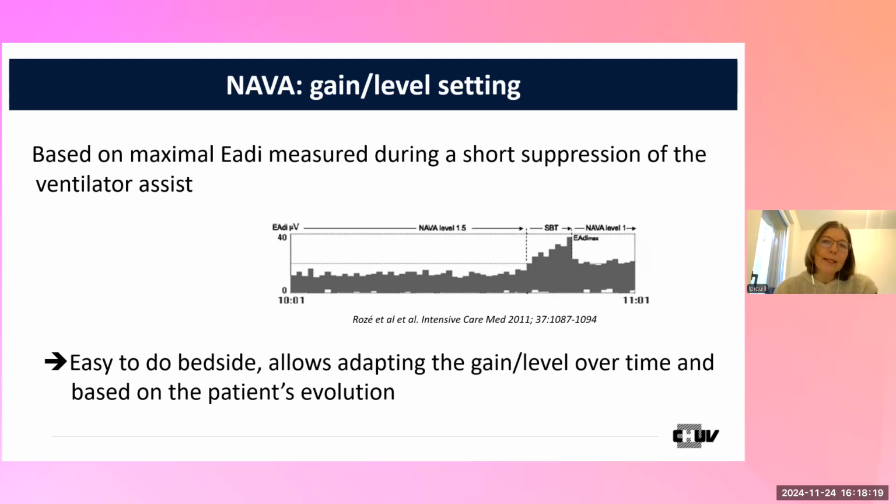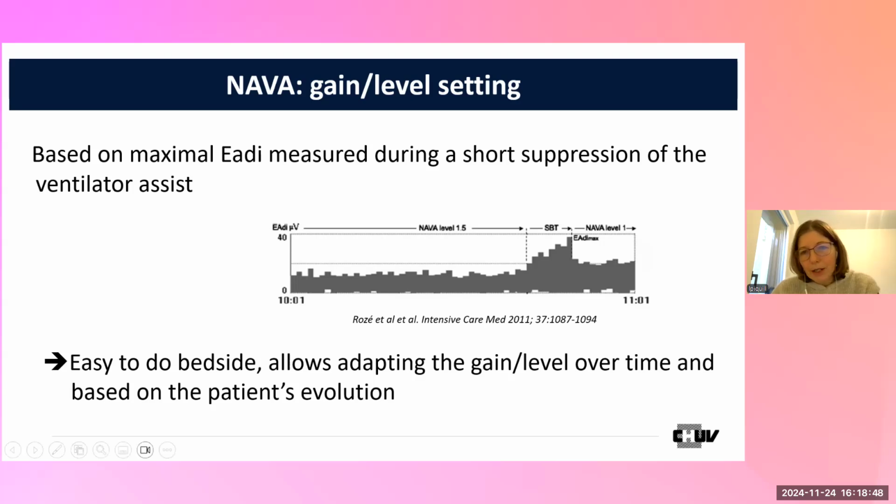And the idea is to shortly suppress the assist to measure the maximal EADI the patient can deliver. Then you measure the maximal EADI and you adapt the gain to decrease this maximal value to 60 or 70% of the maximal value. And this allows setting the gain differently day after day, depending on the patient situation.